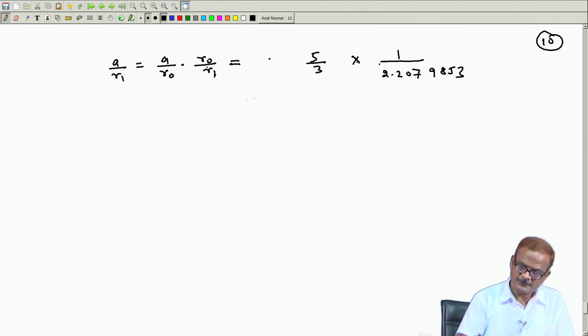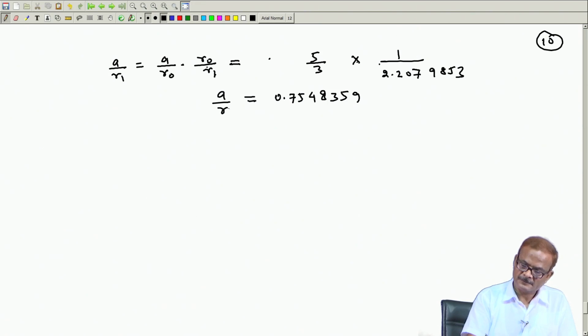So, this value turns out to be 0.754839. So, this is A by R 1.